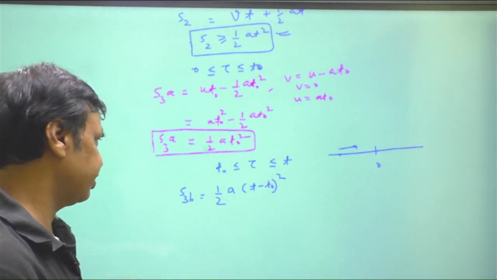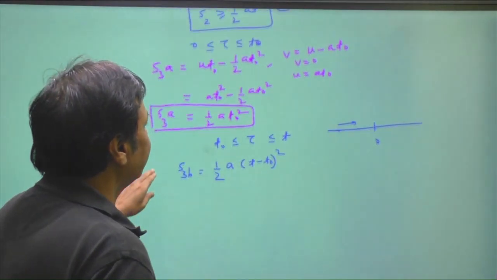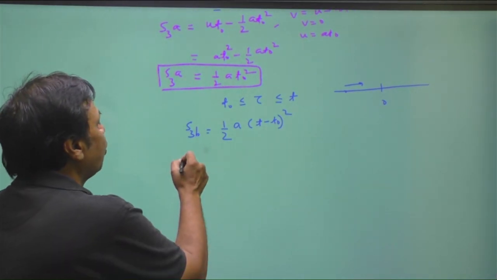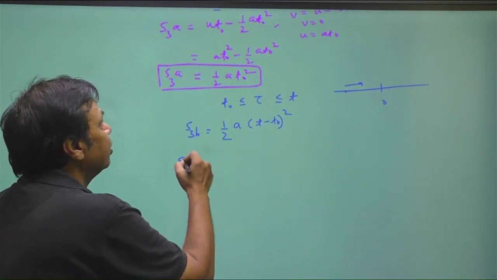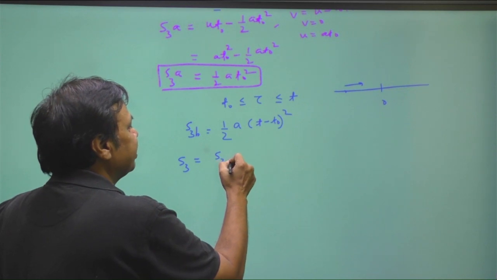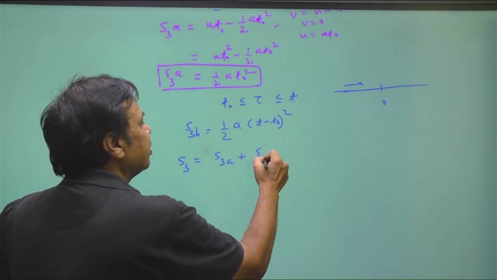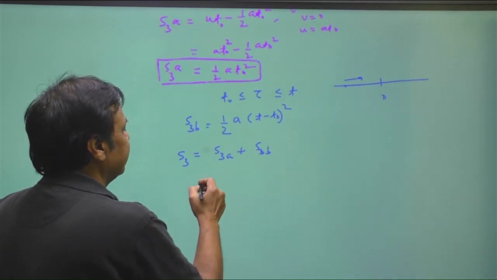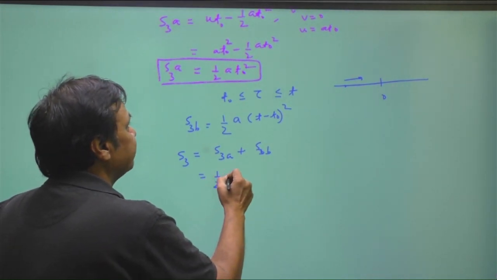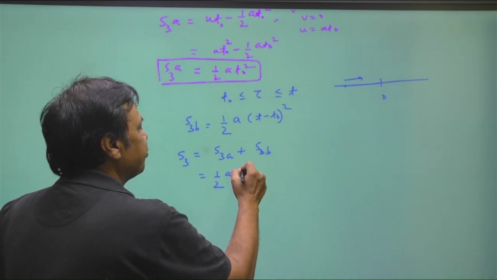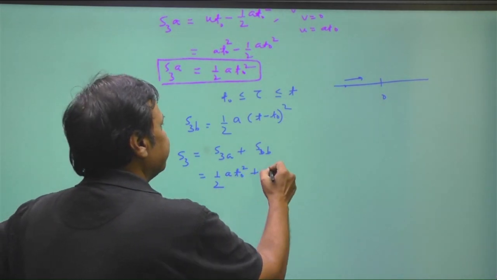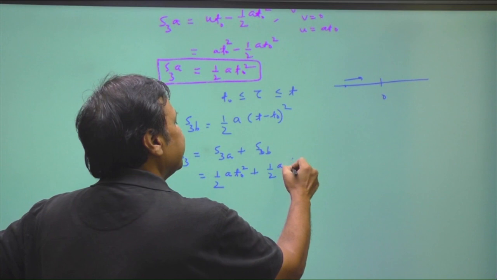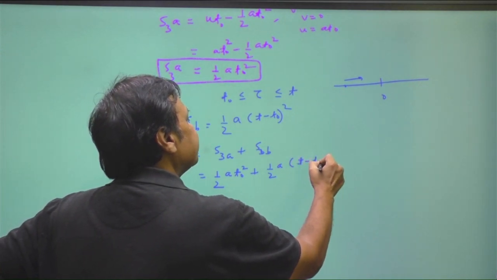So the whole of the S3 you would like to calculate will be S3A plus S3B, where S3A is half a t naught square and S3B is half a, t minus t naught, square.